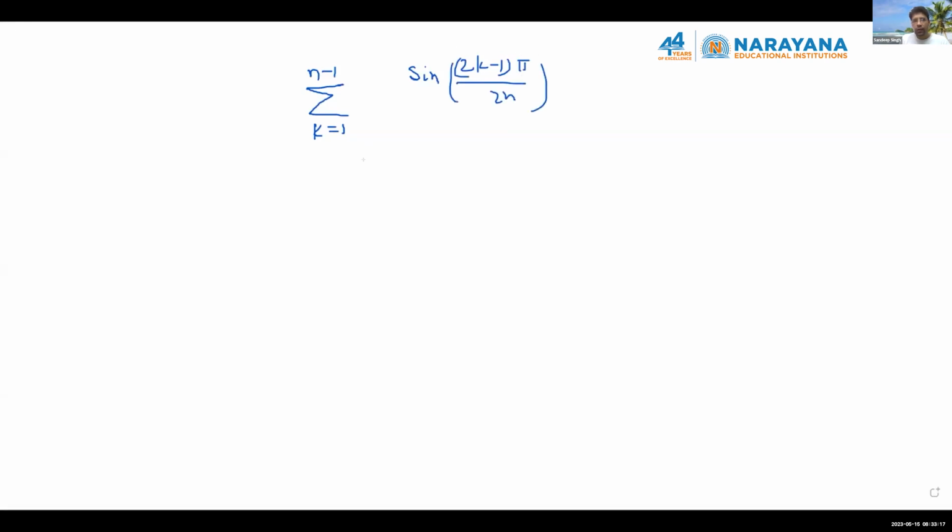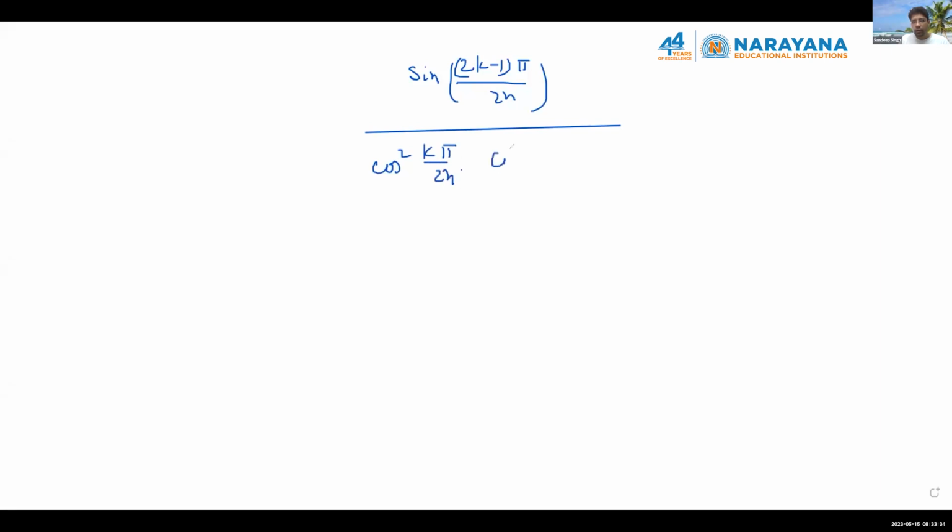This whole divided by 2 terms of summation is basically outside. This whole divided by cos square terms. So what are they? Cos square k pi by 2n.